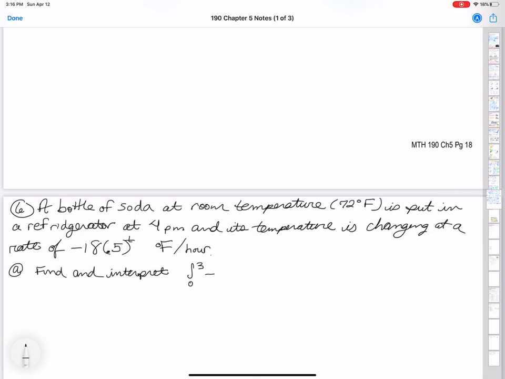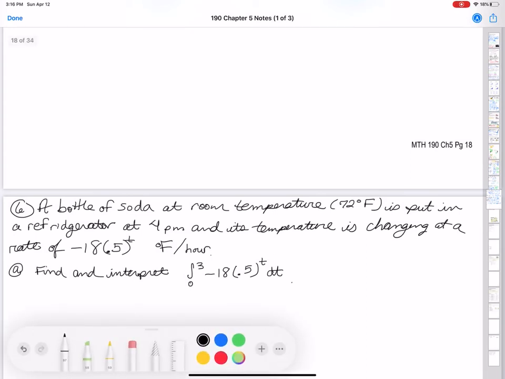Find and interpret the definite integral from 0 to 3 of this function, negative 18 times 0.5, or a half, whatever you prefer, to the t power dt. All right, so first let's find it.